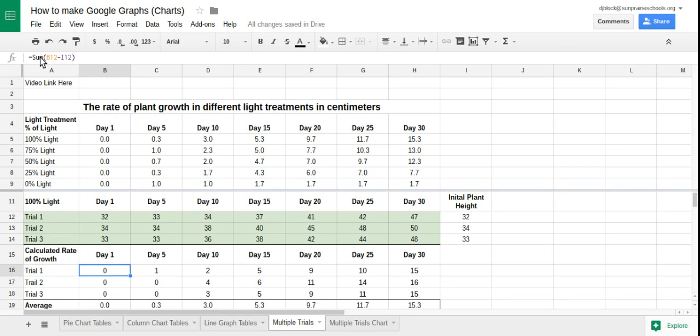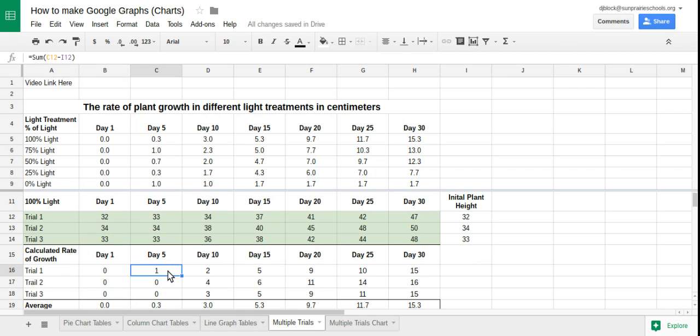You see up here I have equals sum, so I'm going to do a little math, equals B12, this 32, and then I'm going to subtract whatever is in this cell here, I12, and the initial growth, or the growth after day 1, is 0 because that was our starting growth, right?